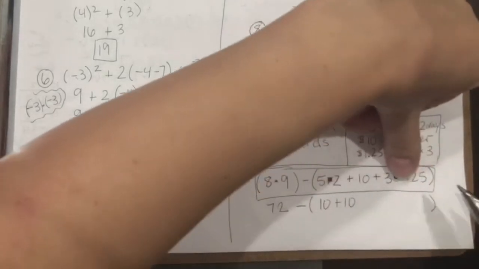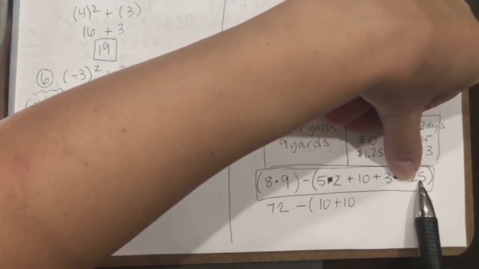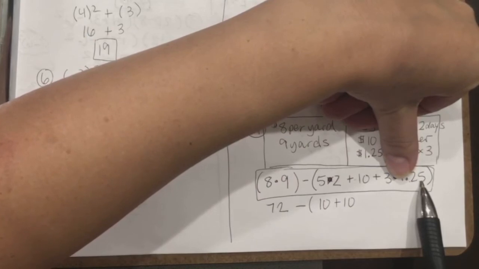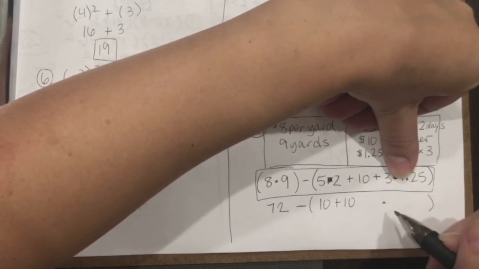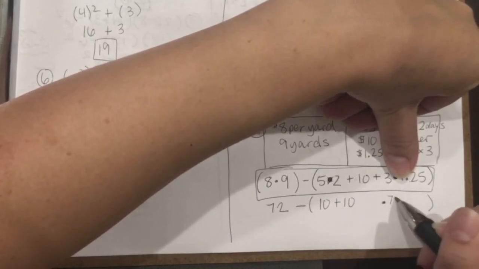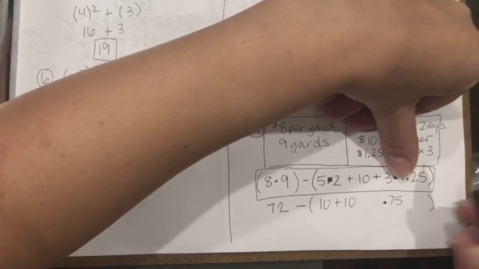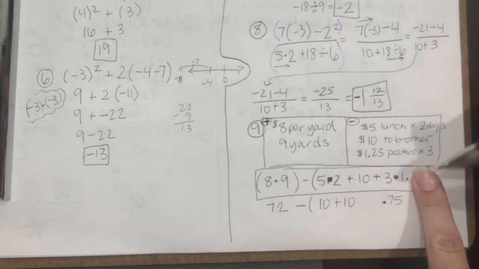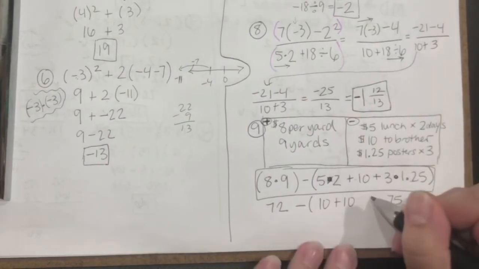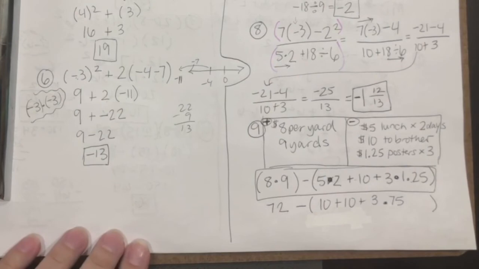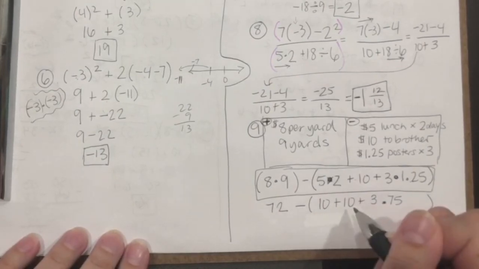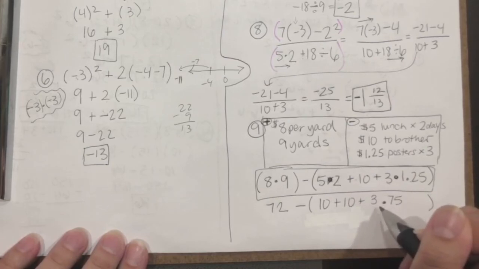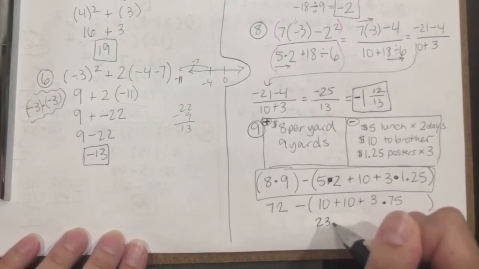Let's look at it this way real quick. 3 times 25 cents. What happens if you have 3 quarters? How much money do you have with 3 quarters? You have 75 cents. And then if you have $3, what do you have? Oh yeah, I guess I just said it. $3. So now we can add up what's in the parentheses. 10 plus 10 is 20, plus 3.75 would be 23.75.